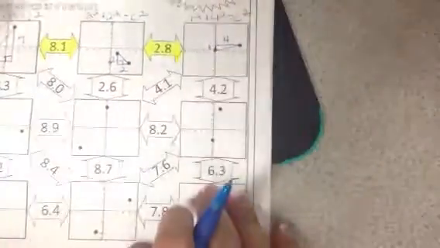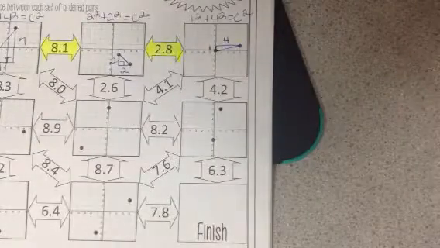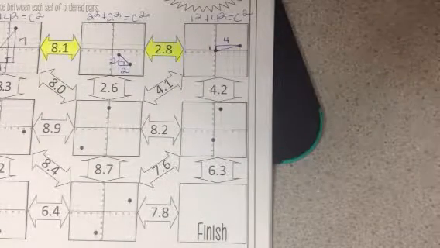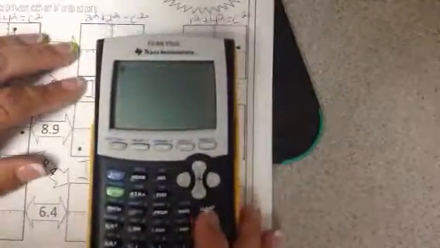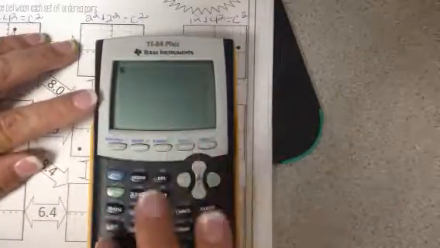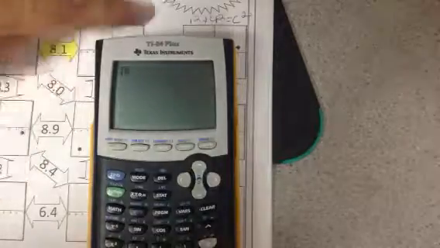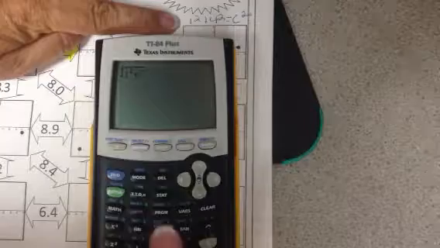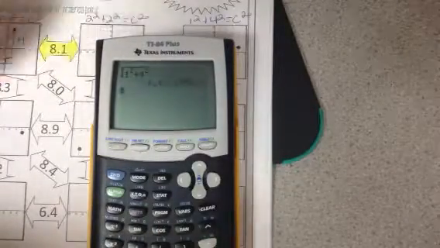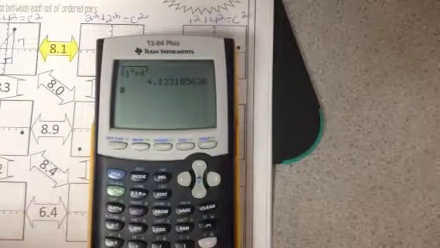Now I'm going to show you a trick real quick. If you take your calculator, we are going to go ahead and put the square root sign, and then we're going to put this in: 1 squared plus 4 squared, and that comes out to be 4.1.